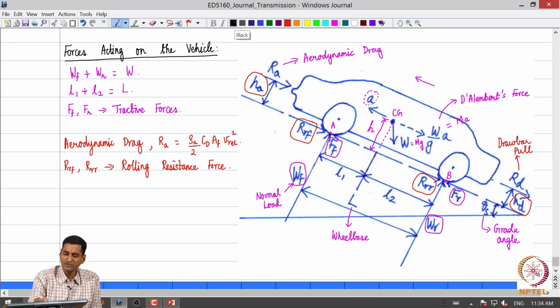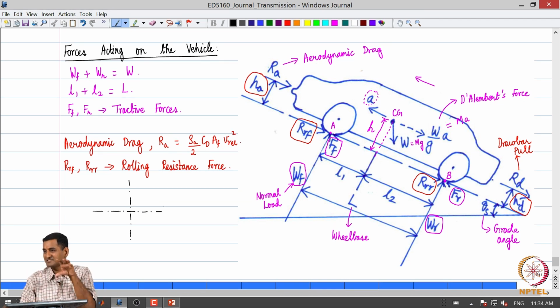The rolling resistance force comes about because the pneumatic tire has hysteresis loss when it is rotating, okay. It sticks to the road surface and then slips, okay. And due to the deformation of the pneumatic tire and due to its viscoelastic nature, there is a hysteresis loss, and that gets realized as this so called rolling resistance.